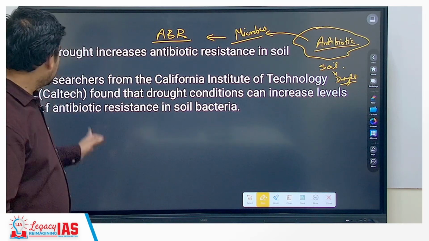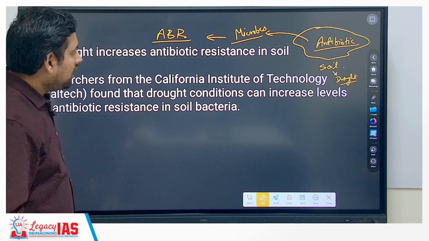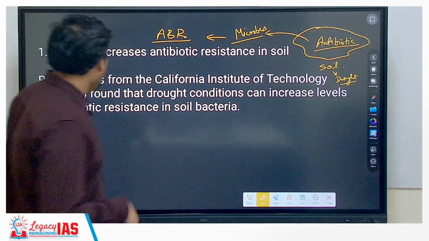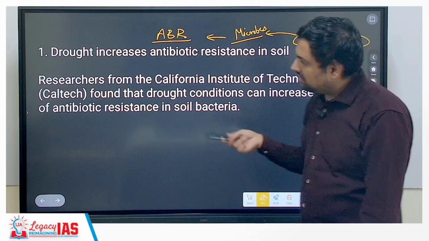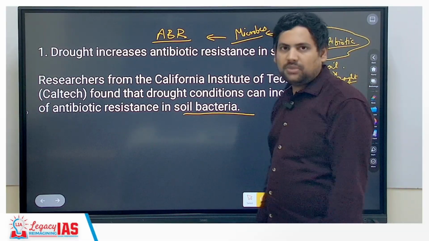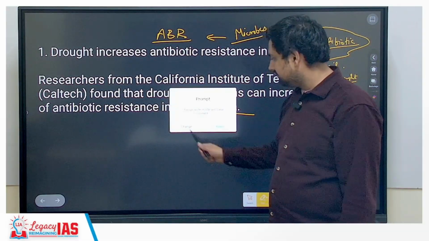Now let's see this. Researchers from California Institute of Technology, Caltech, found that drought conditions can increase levels of antibiotic resistance in soil bacteria, correct?